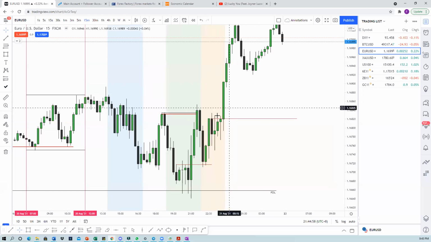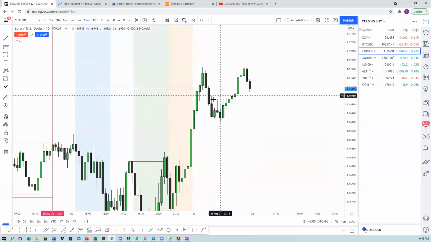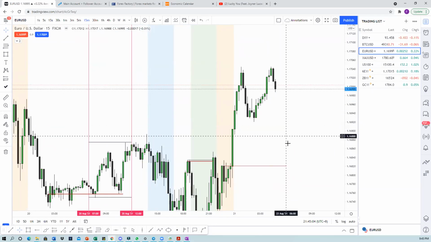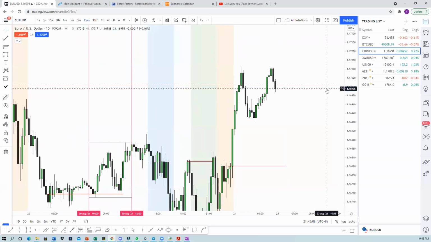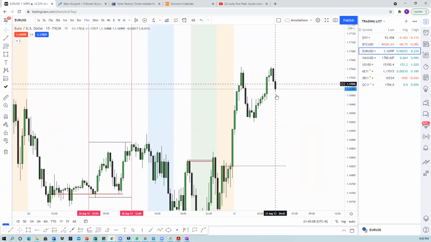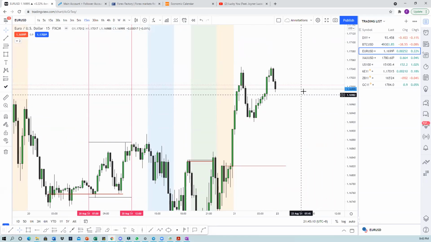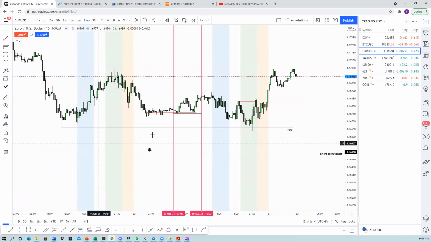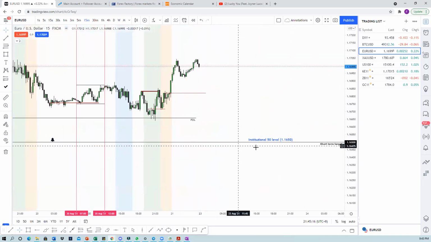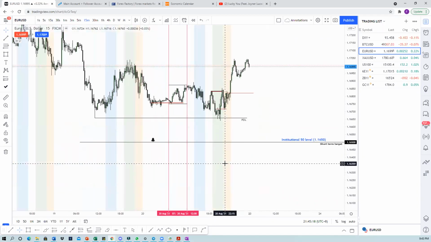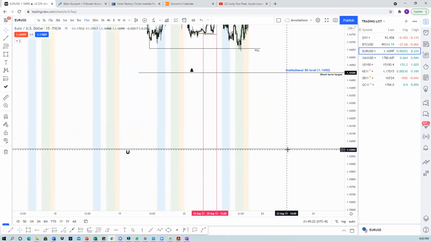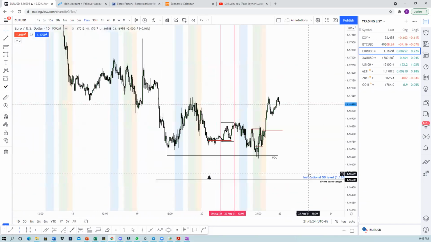Okay, so that's a propulsion block, meaning that when price comes back down next week, we should see price go into propulsion by showing some dollar strength, and then continuously go lower, because the draw on liquidity is still at least 1.1650, and the final draw is 1.1600.